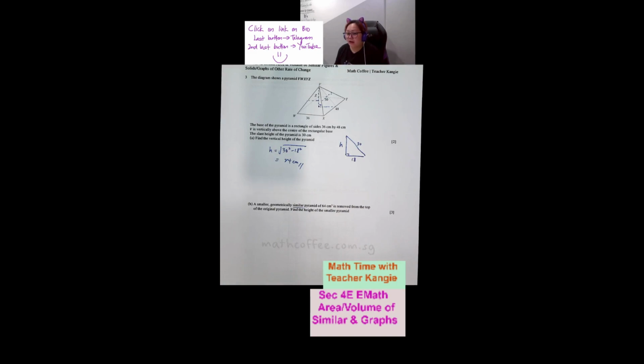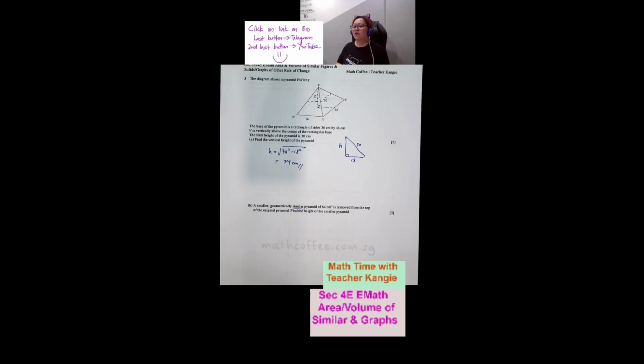But am I able to find my bigger V2? How am I going to find my bigger V2, which is this big volume? It's testing your other topic, the volume of pyramid. What's the formula to find volume of pyramid? 1/3 multiplied by what?